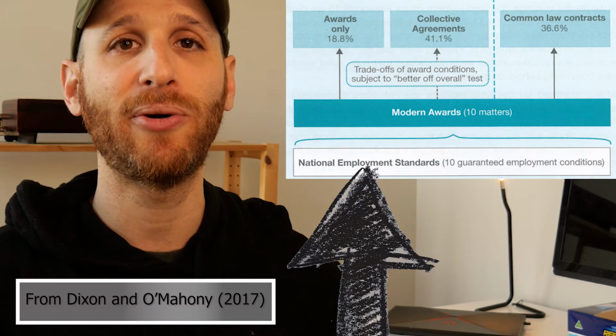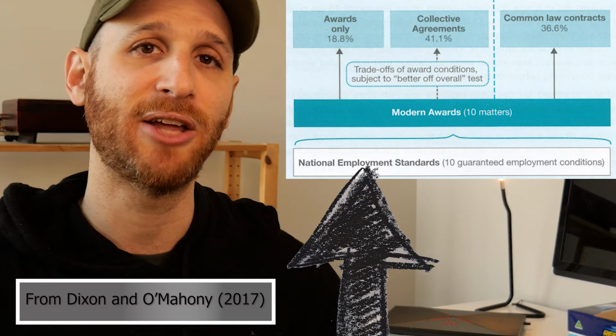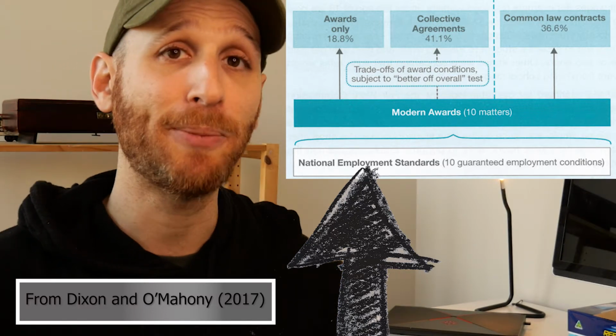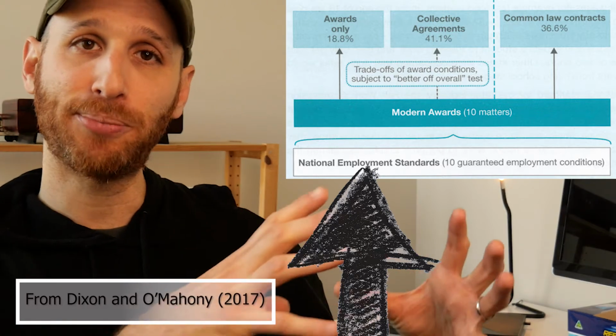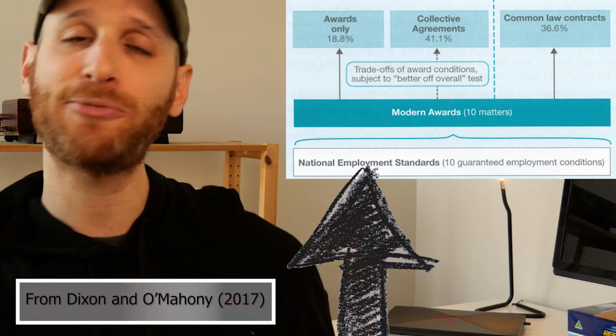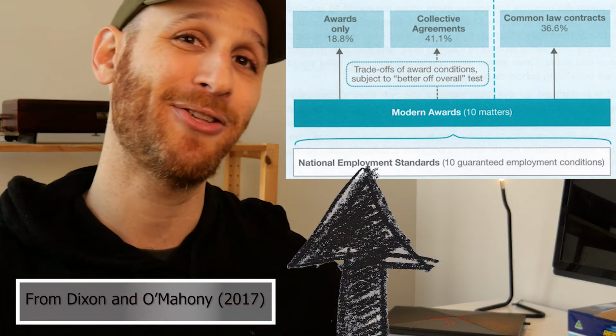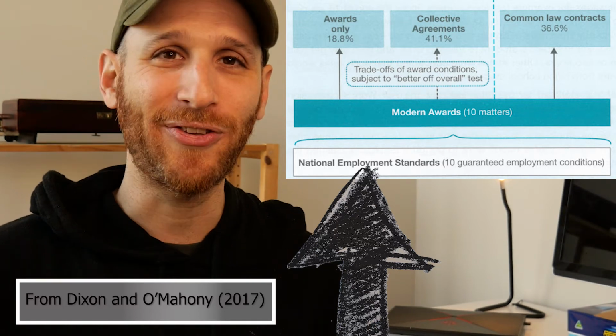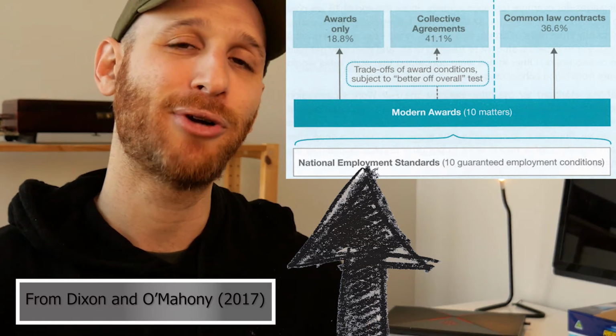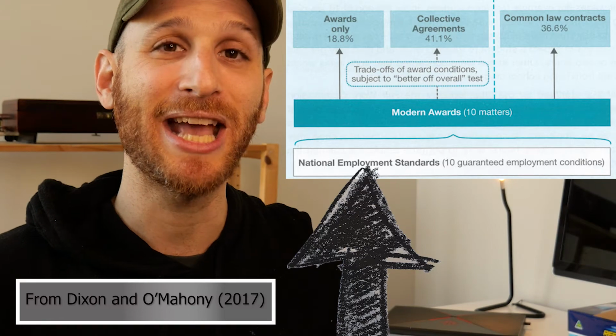And there is also a discussion about redundancy and termination pay and what people are entitled to. So the national employment standards apply to those awards, those enterprise collective agreements, and individual contracts. There are 10 standards, and those contracts must meet the NES.